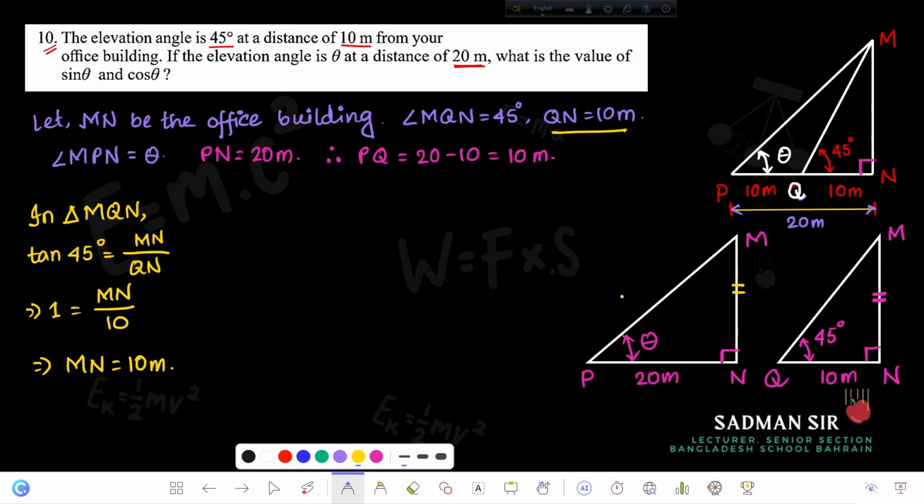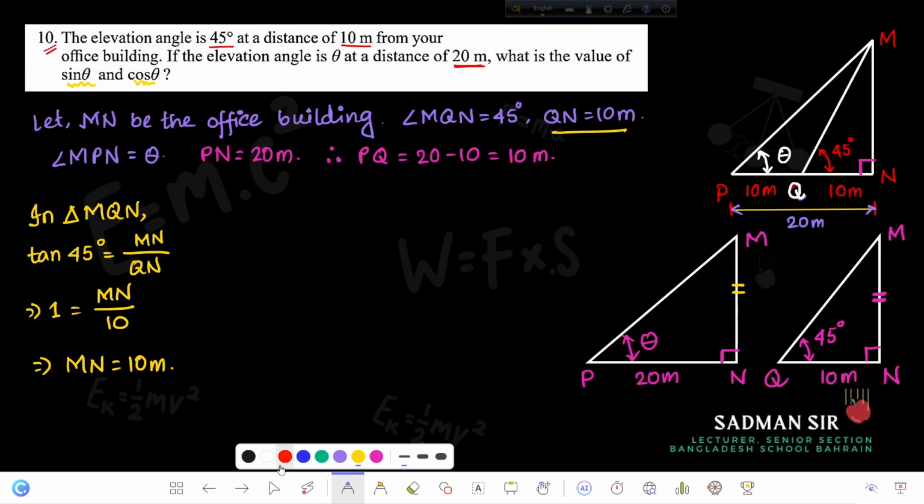Now they told us to find out the value of sine theta and cos theta. We know that if I want to find out the value of sine theta and cos theta, I must know all the three sides, right? Opposite, hypotenuse, and adjacent. So MN we just found out that is 10. That means opposite is known, and adjacent is already known from before, but hypotenuse is still unknown.